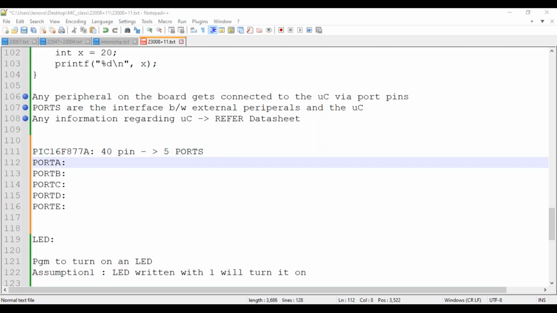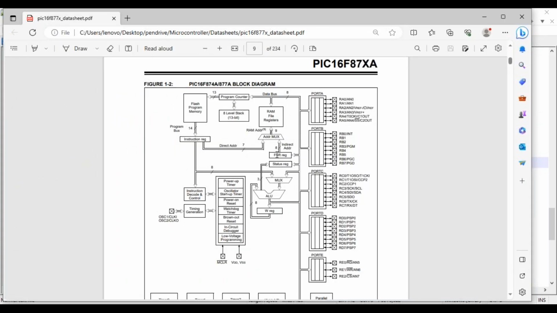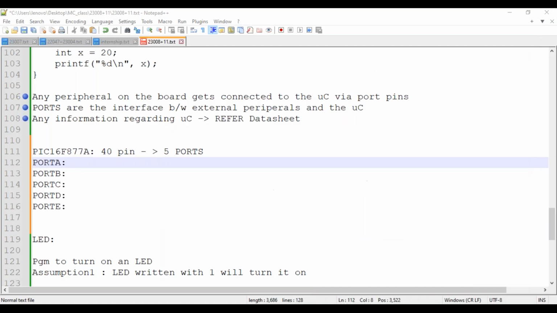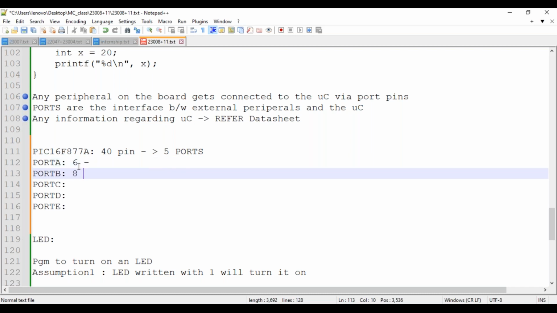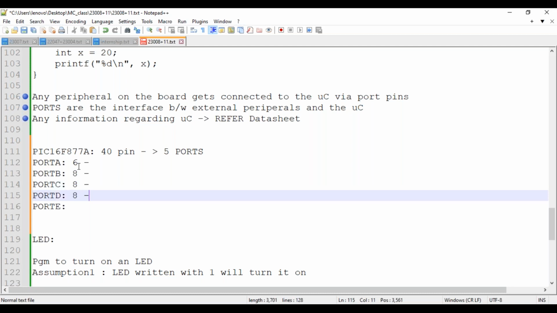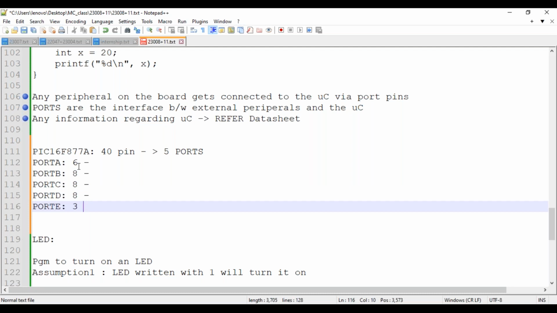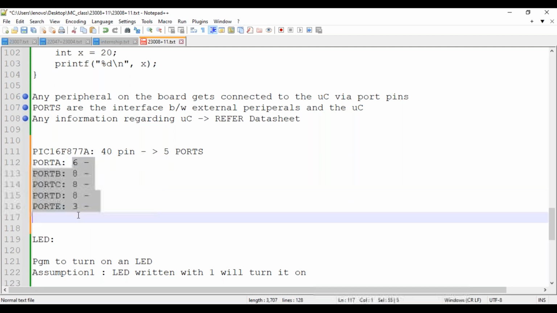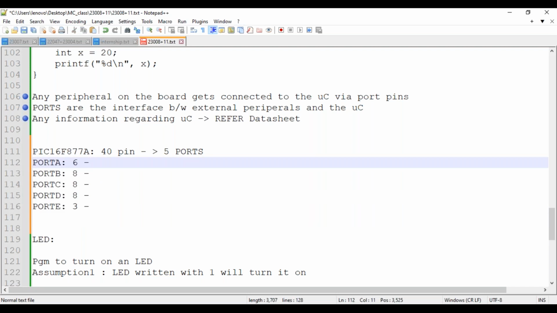Can you tell me how many pins are in port A? 6 pins. Port B, port C and port D have 8 pins each, and port E has 3 pins. Let me note it down: 6 for port A, 8 for port B, 8 for port C, 8 for port D, and 3 for port E. How many in total now? 33 only.